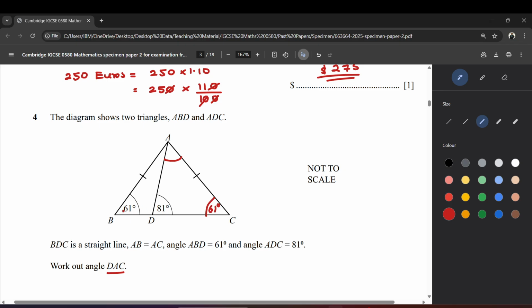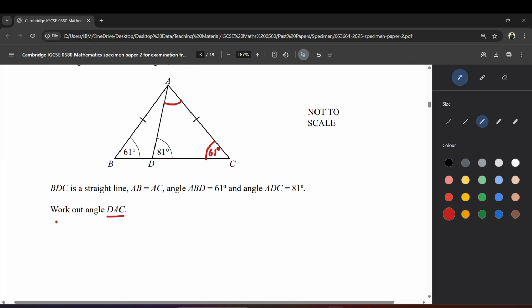Because these are of equal lengths, and this is the base of the triangle, the angle between the base and this length will be the same as the angle between the base and AC. All right, so now that you have found that this is 61, you know that angles in a triangle add up to 180 degrees. So I can subtract 81 and 61 from 180, and I will be able to find this angle.